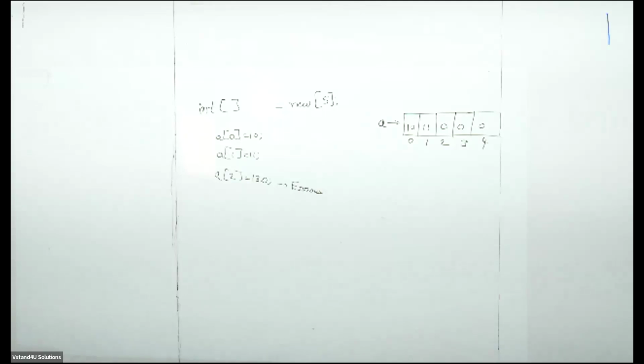Under this, write this example. Arrays can store only homogeneous data.